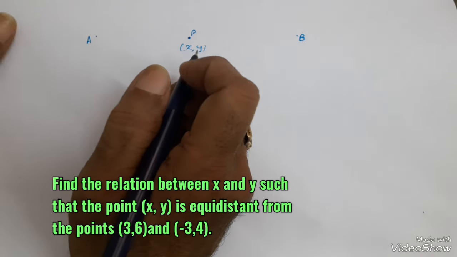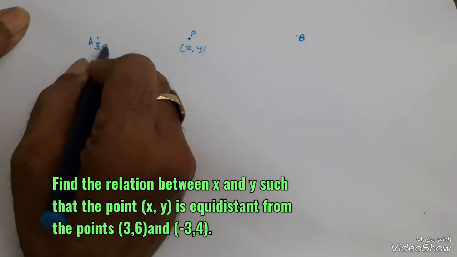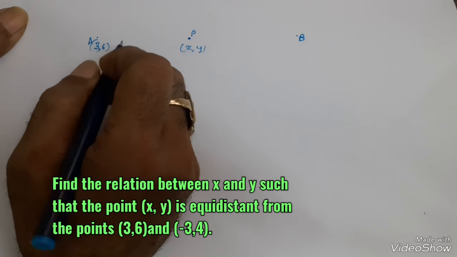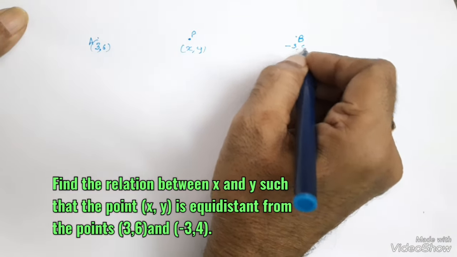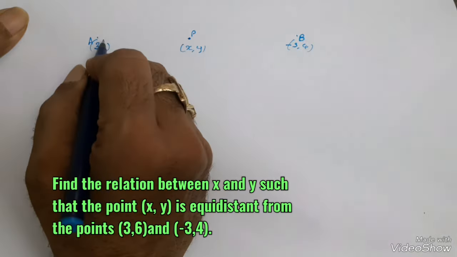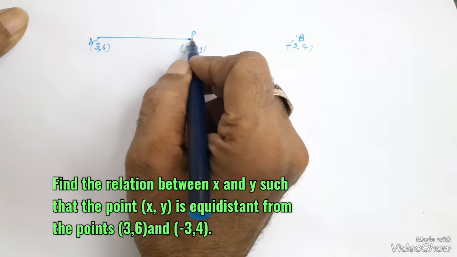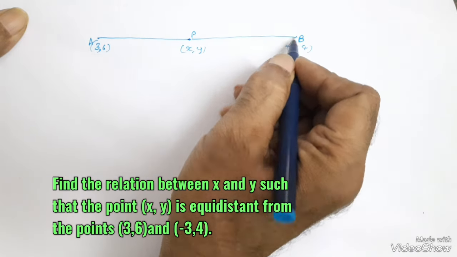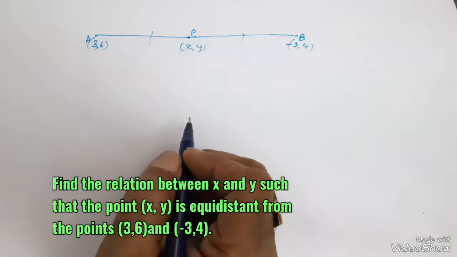What are they? One is (3, 6) and the other point is (minus 3, 4). This point P is equidistant from A and B. Then what is the relation? So here PA equals PB.